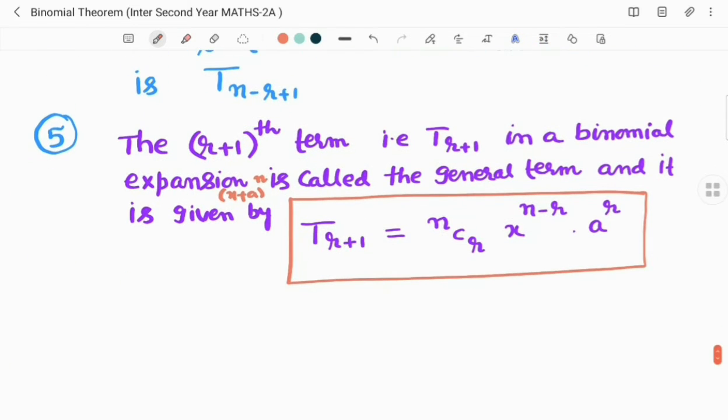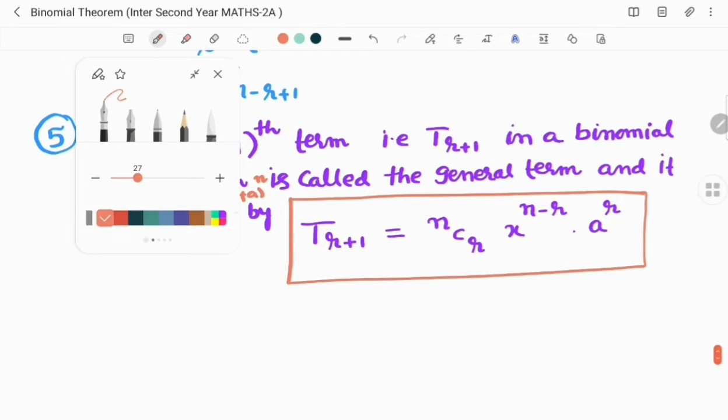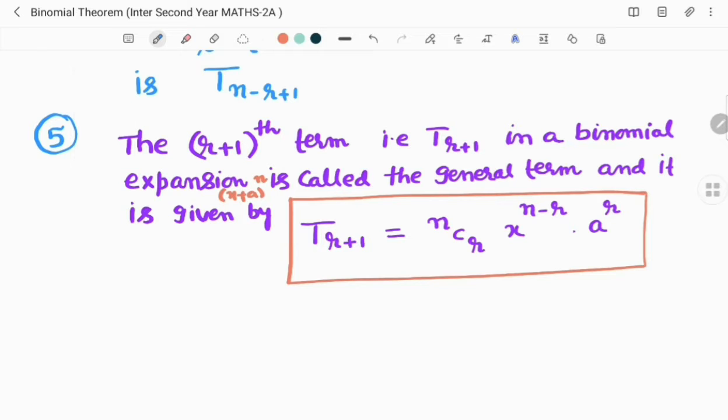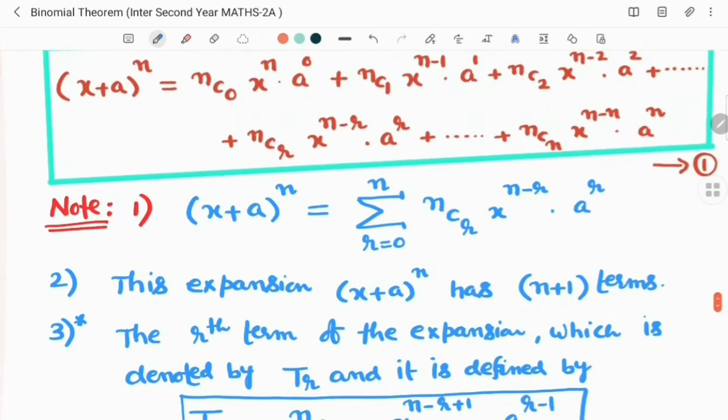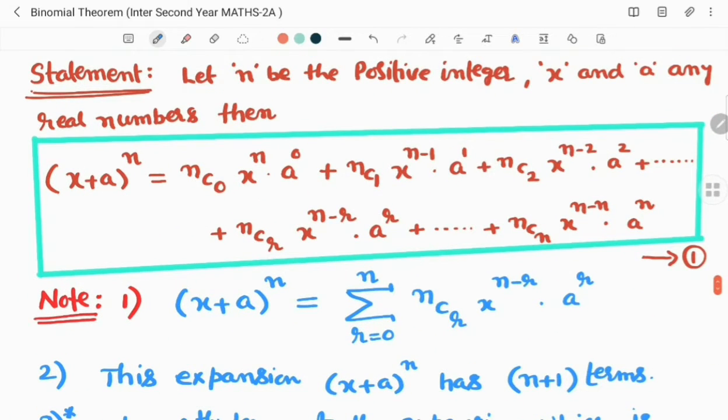In point number 6, on replacing a by minus a in equation 1. What is equation 1? This is equation number 1.